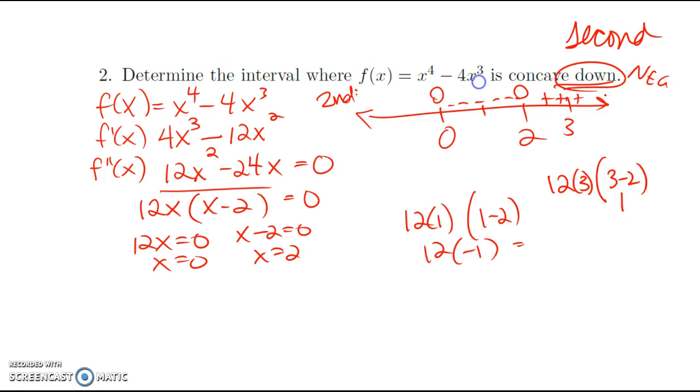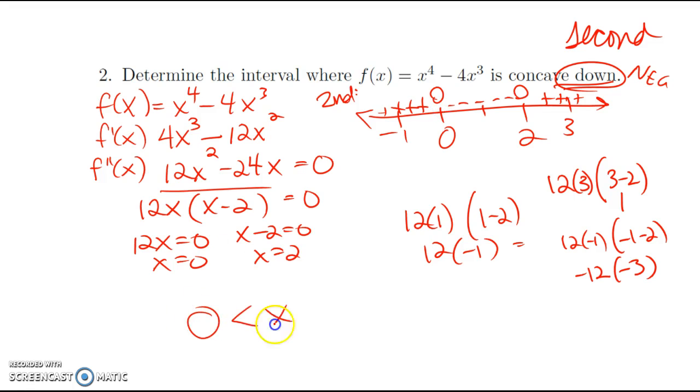That's positive, right? And if we check negative 1, we'll have 12 times negative 1 is negative 12. Negative 1 minus 2, that's negative 3. So this will be positive when I look at the signs. So the interval over which it's negative is from 0 to 2, not including. All right?